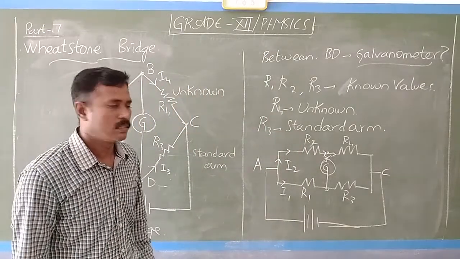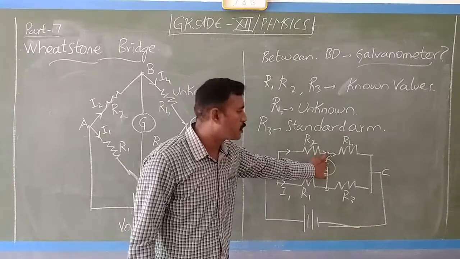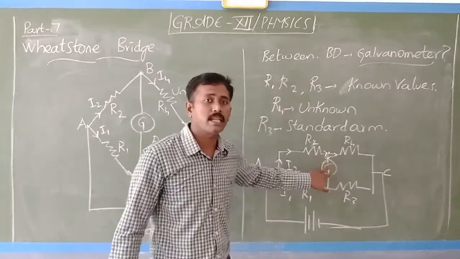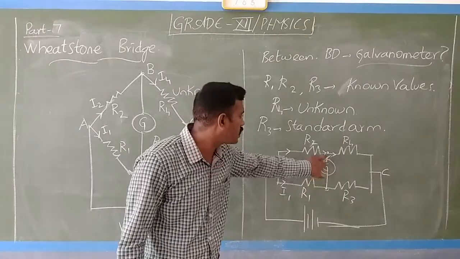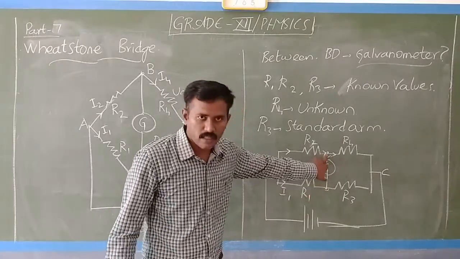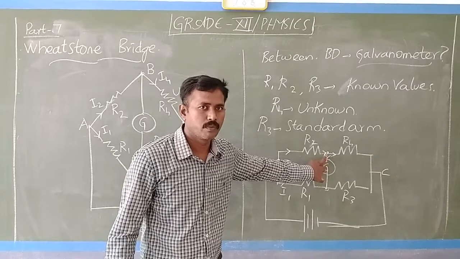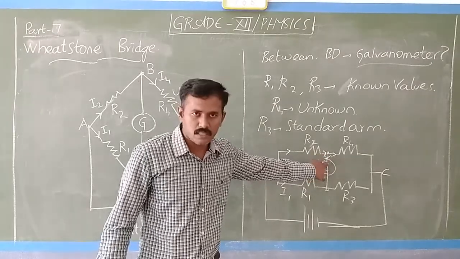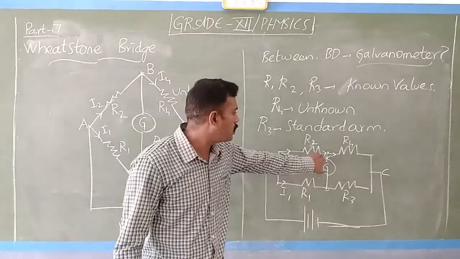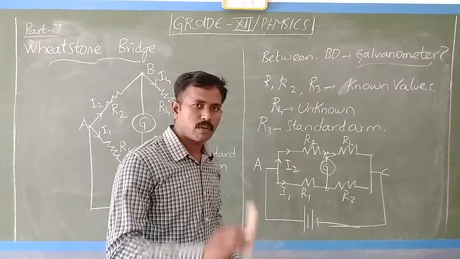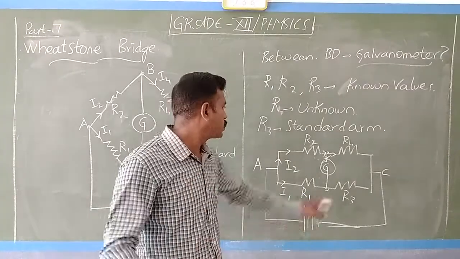Okay. If I connect a galvanometer, the current at this point is I2. After I2, will this current divide? Either it will divide or it will directly go through R4.